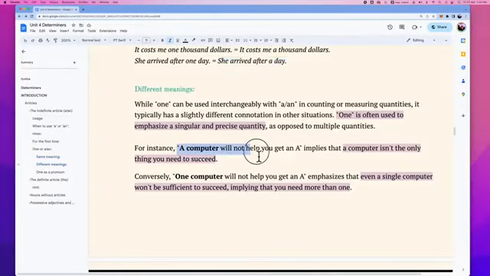But in some cases, using one and using A or AN is slightly different. Let's take a look at the following situations. A computer will not help you to get an A. What does it mean? It implies the computer isn't the only thing you need. But if you say one computer will not help you to get an A, you emphasize that even a single computer won't be sufficient to succeed, implying that you need more than one.